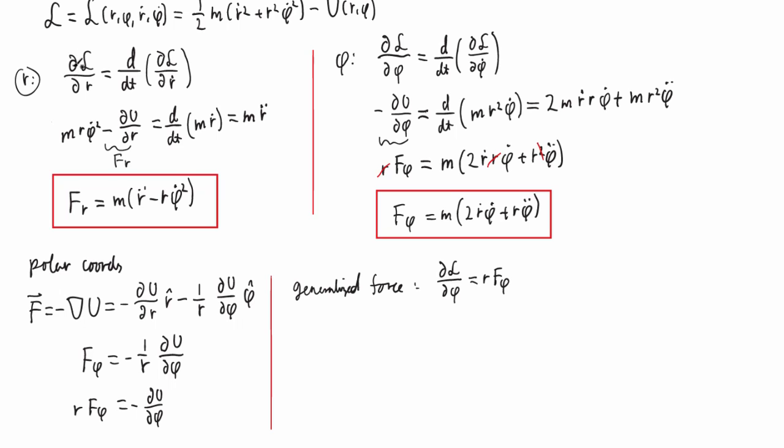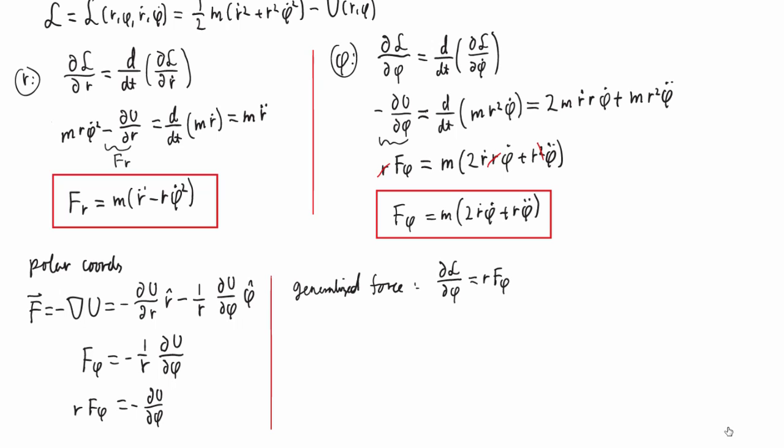By the way, if we were to do this in the r direction, we wouldn't find anything very interesting. The force in the r direction is ∂L/∂r, and ∂L/∂r dot is the momentum in the r direction. But here we find something slightly different. This generalized force does not have the unit of force. It is distance times force, and this force is actually in the direction perpendicular to r.